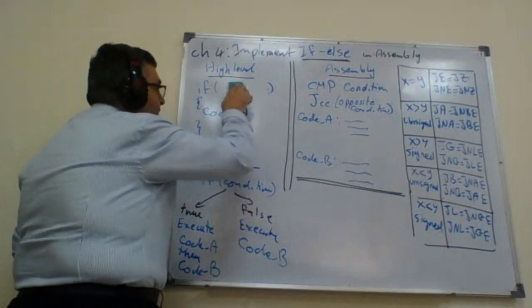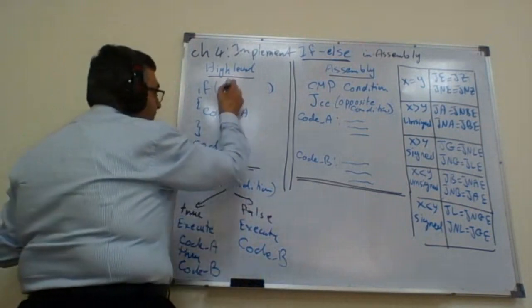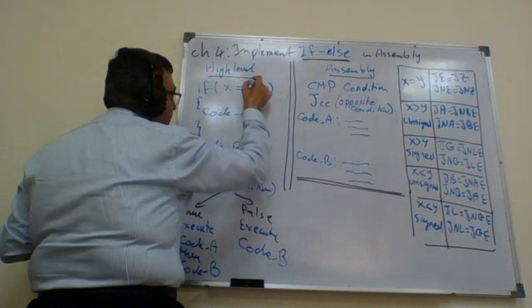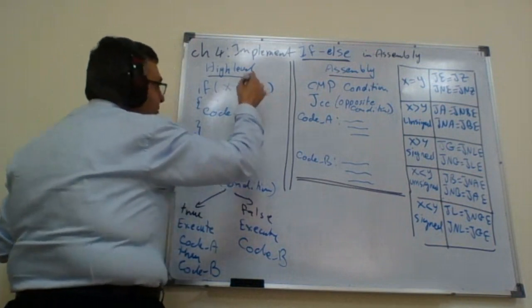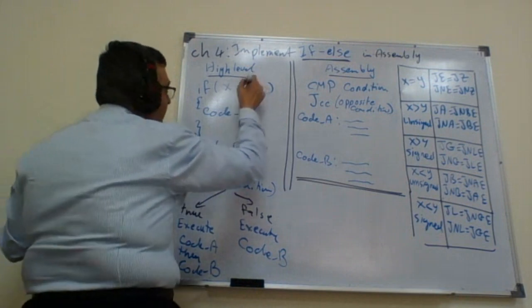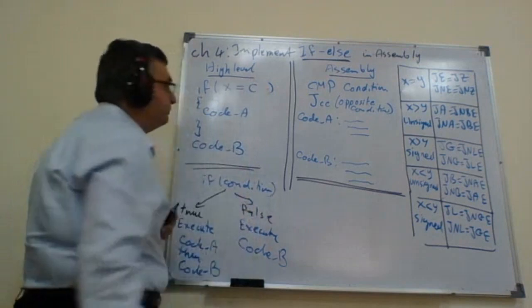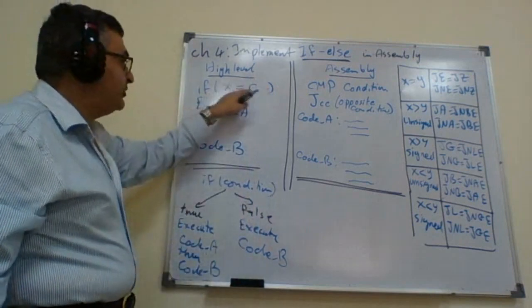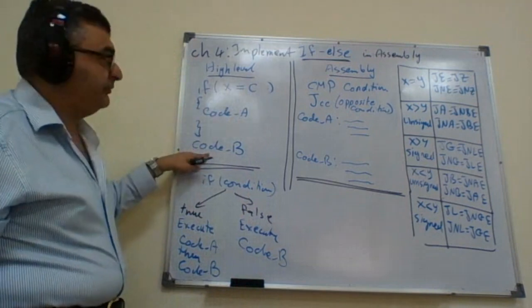Assume that I have some variable x, and x should be equal to some constant C. If x equals C, I want to execute A and then execute B.